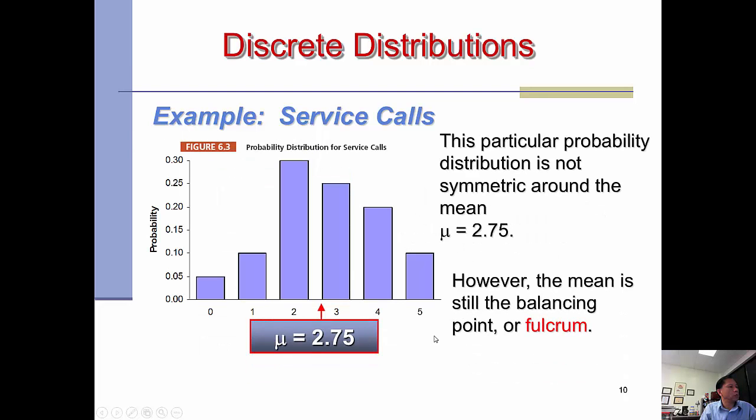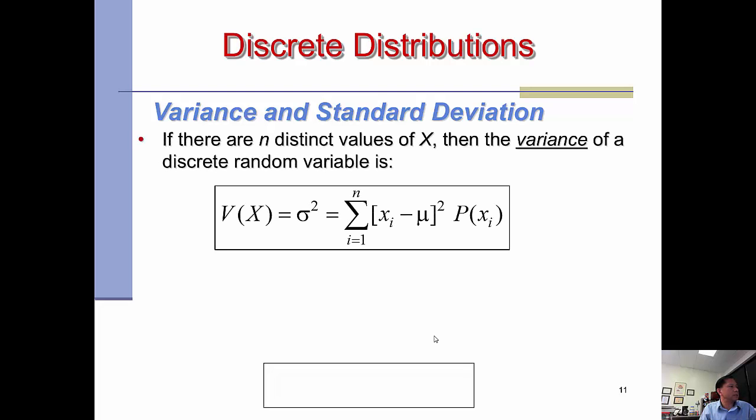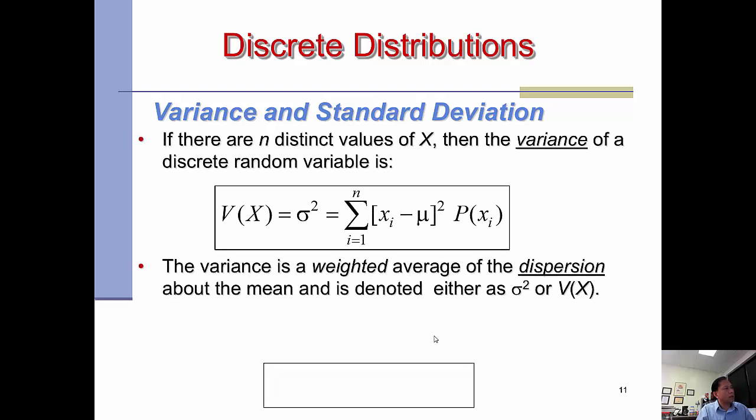Okay, let's move on. Variance and standard deviation. Right. If there are n distinct values of x, then the variance of this discrete random variable x, we call it sigma squared, little Greek letter sigma squared, and it equals the sum of xi minus mu squared times pxi. Okay?